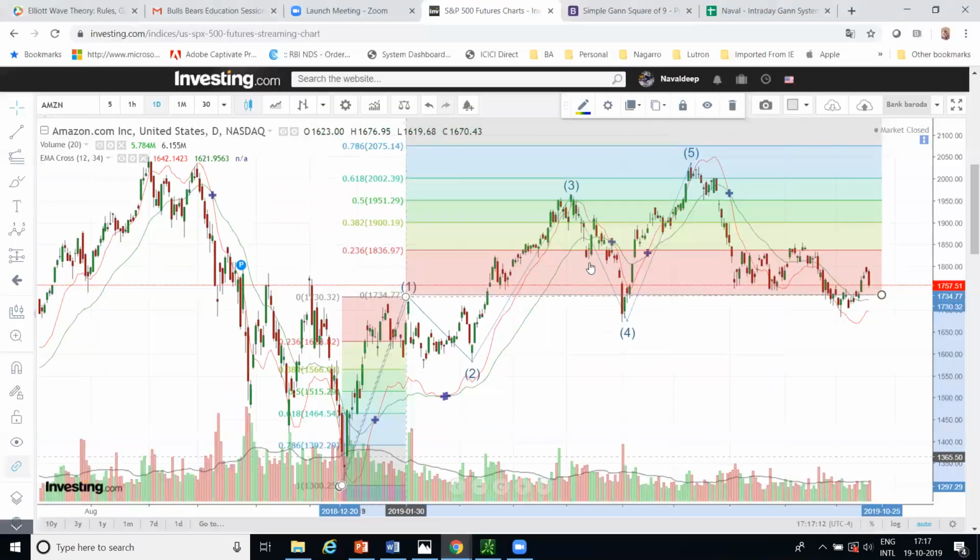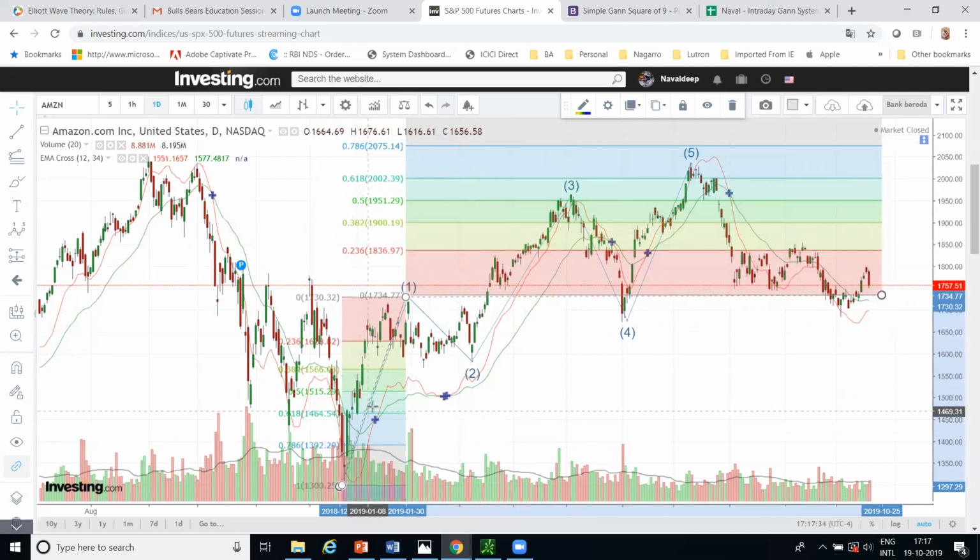You see here, it's about 80%. So if you follow this, it is a little difficult to draw and understand, but yes, it is very, very useful. So you will see again the retracements and the extensions which I've explained.